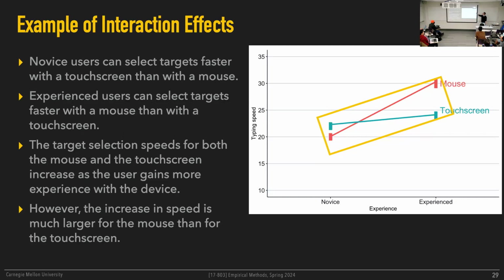So if experience were a mediator, we would have to say that the device causes experience, and then experience in turn causes typing speed. Make sense?